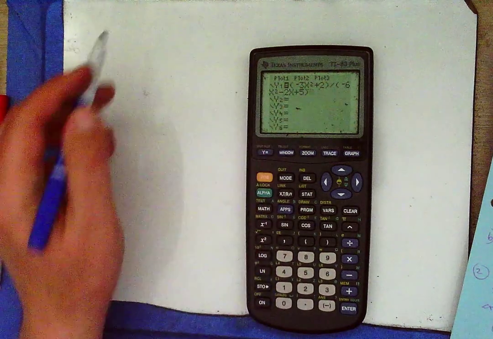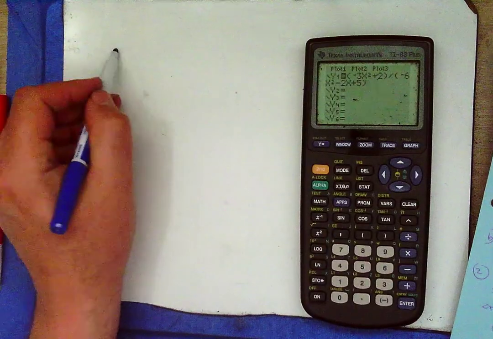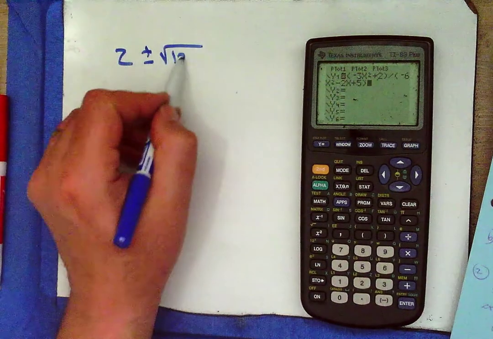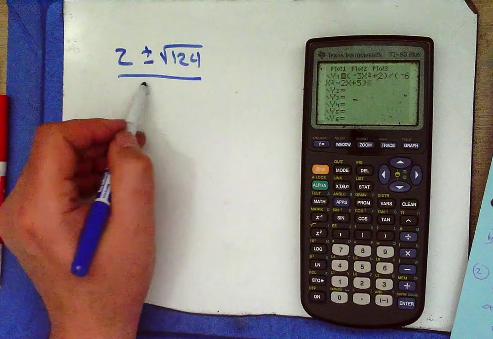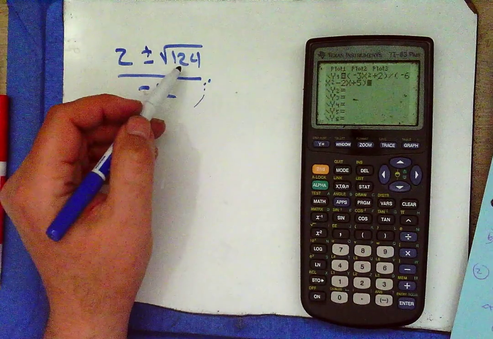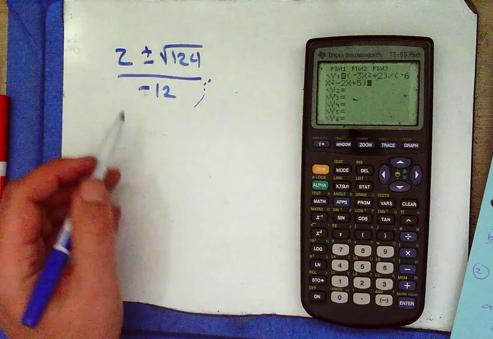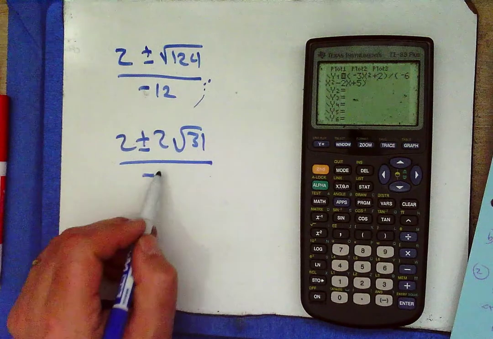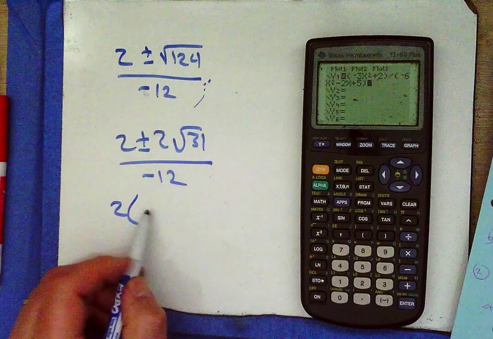Sorry, I was in such a rush. So we had 2 plus or minus square root 124 over negative 12. And that's 31 times 4. So I guess I could do 2 plus and minus 2 root 31 over negative 12. Factor out a 2.